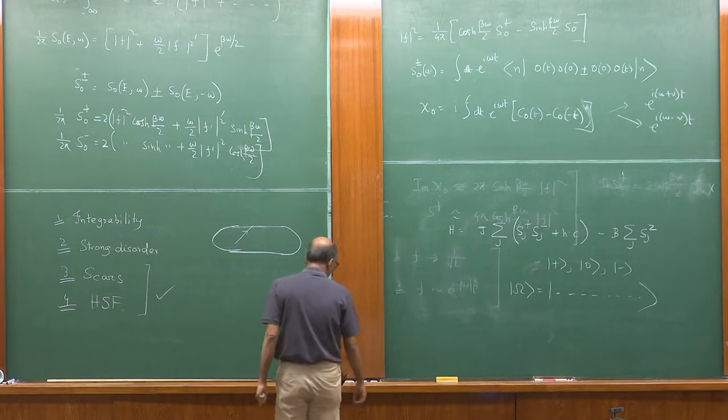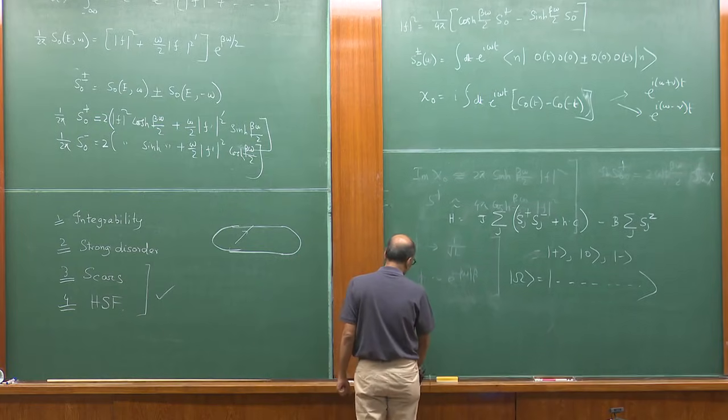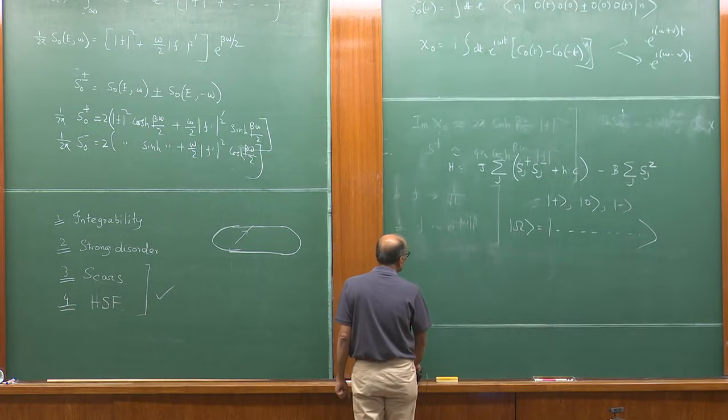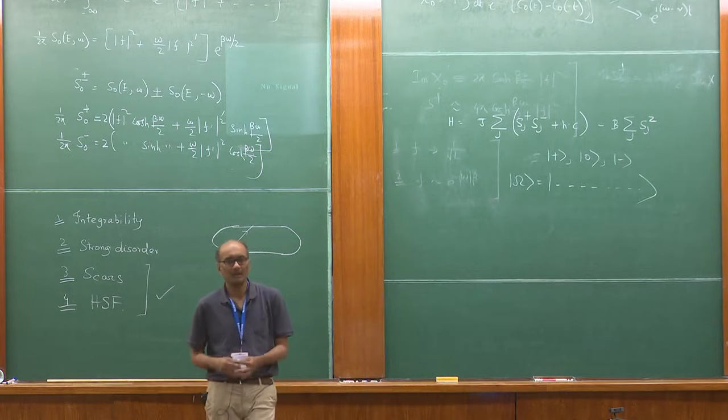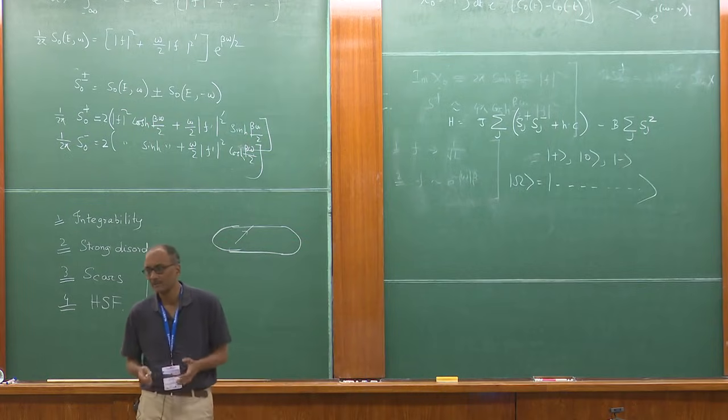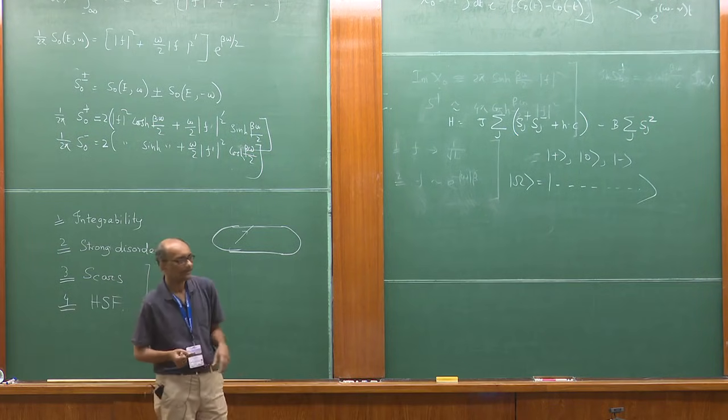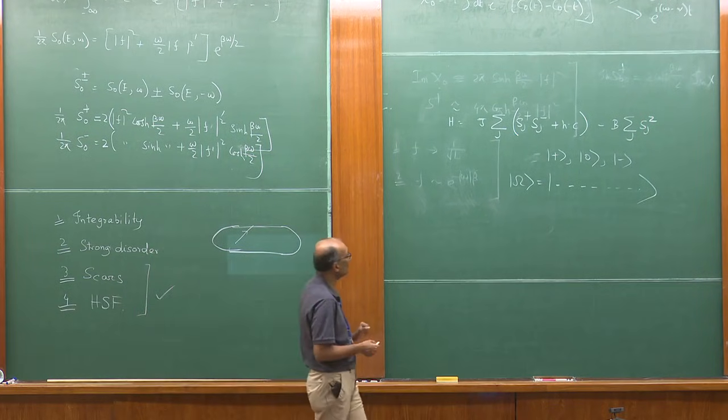These low-lying excitations are essentially what are called magnons, the particles which would move. So, how do you see that?